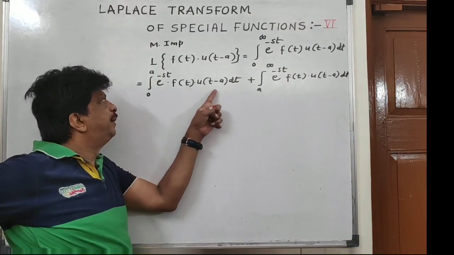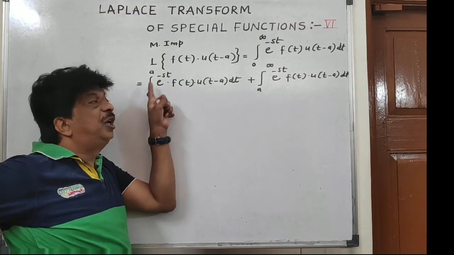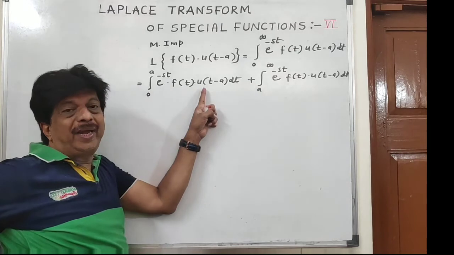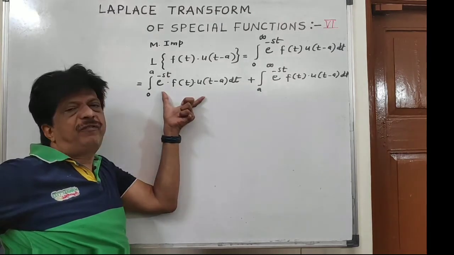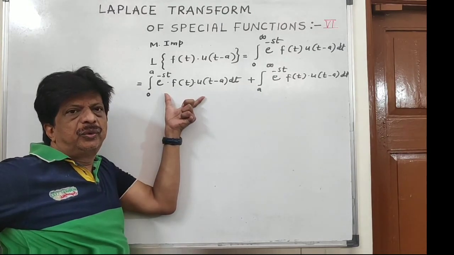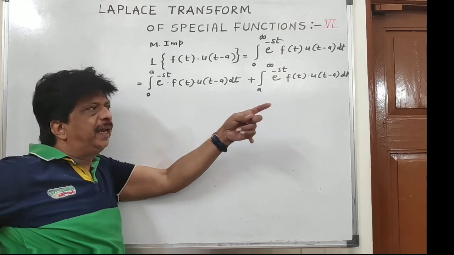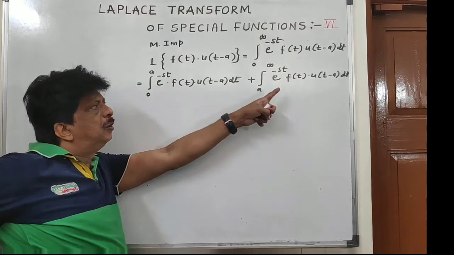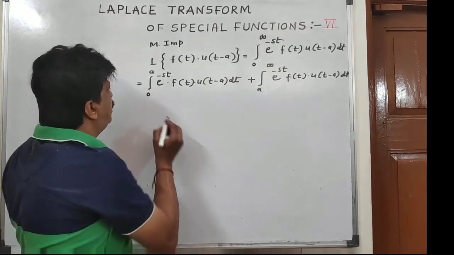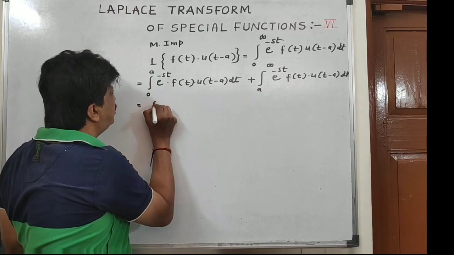Again, from 0 to a, u of t minus a is 0. So value of first integral is 0. Whereas from a to infinity, u of t minus a is equal to 1. So 1 into this function is 1. So first integral vanishes.